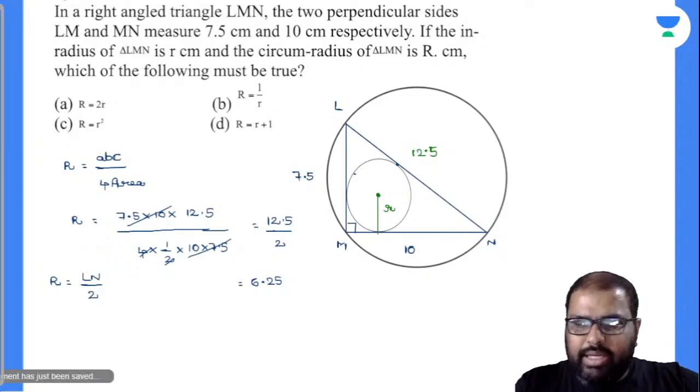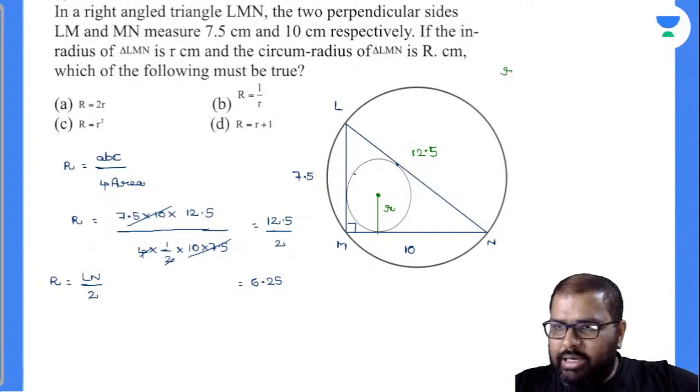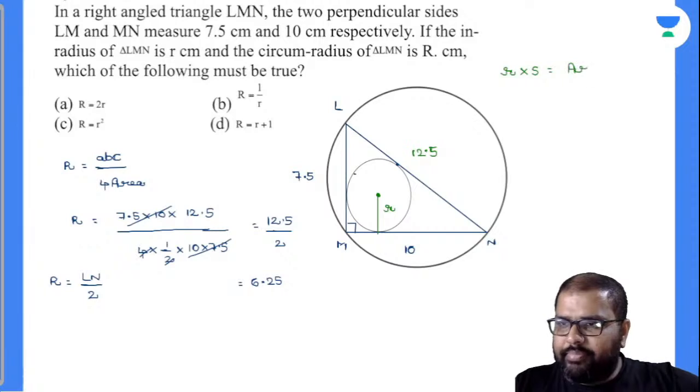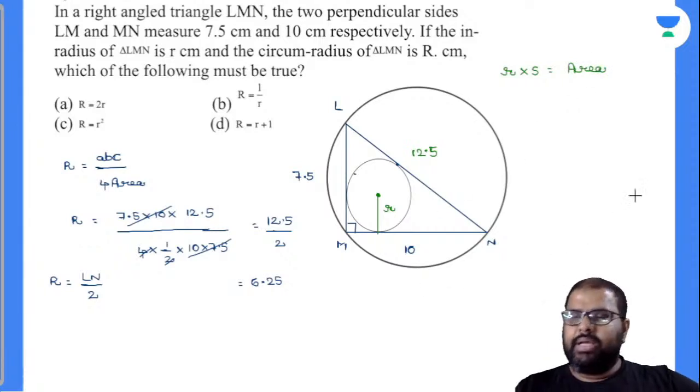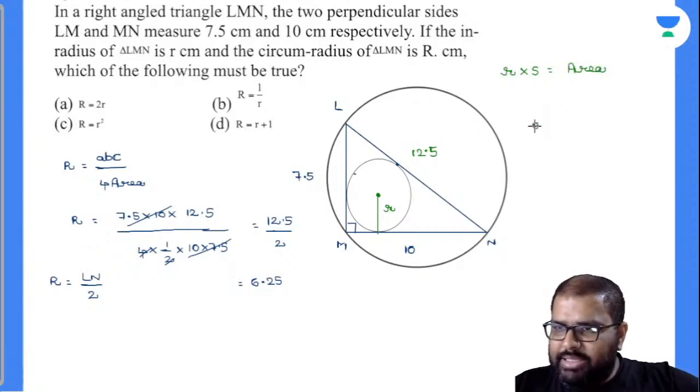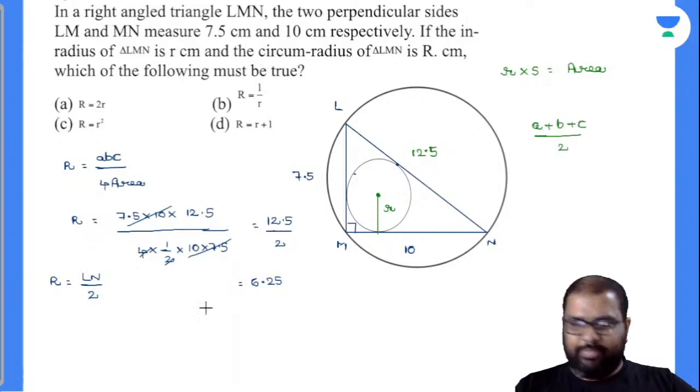Let's come to the inradius. Capital R into S, where S is the semi perimeter, is nothing but equal to area. Semi perimeter is nothing but (a plus b plus c) by 2. What is (a plus b plus c) by 2?